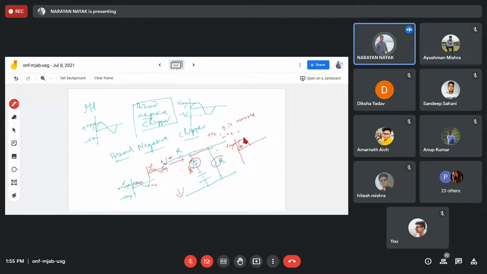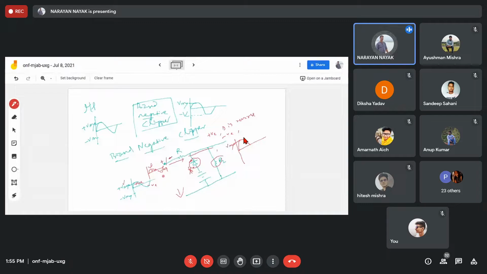The diode remains reverse biased. Why does the diode remain reverse biased? That depends upon the voltage across the battery. Understood? So at that time, what is the input voltage you are applying?